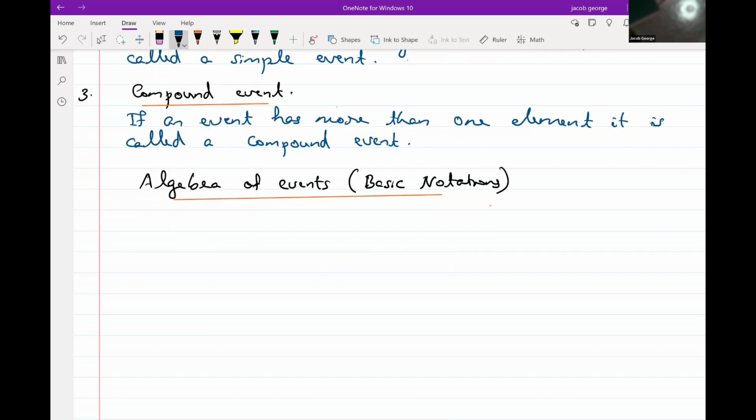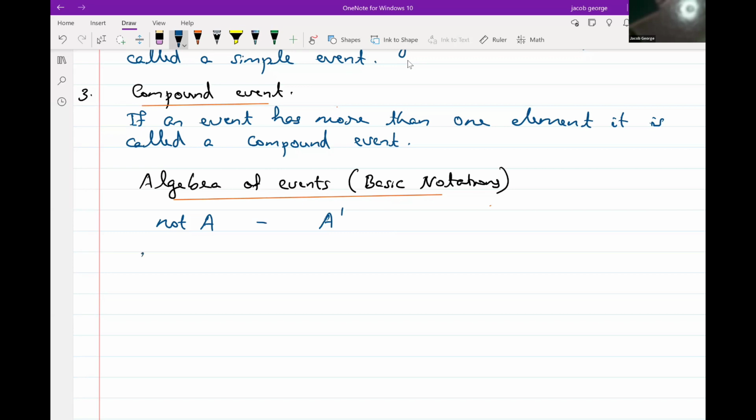Okay, the first important one is not A. In set, you will frequently see this one. For not A, we put this symbol, A complement. Not A is the same as A complement.